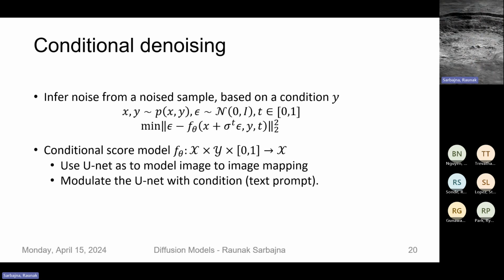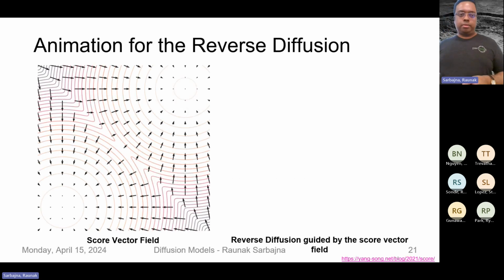In general, for this image-to-image mapping, that is taking a noisy image and then recreating the actual sample of the original data, UNet is the most popular example. And we condition UNet using text prompts, like CLIP, which I'll talk about later.